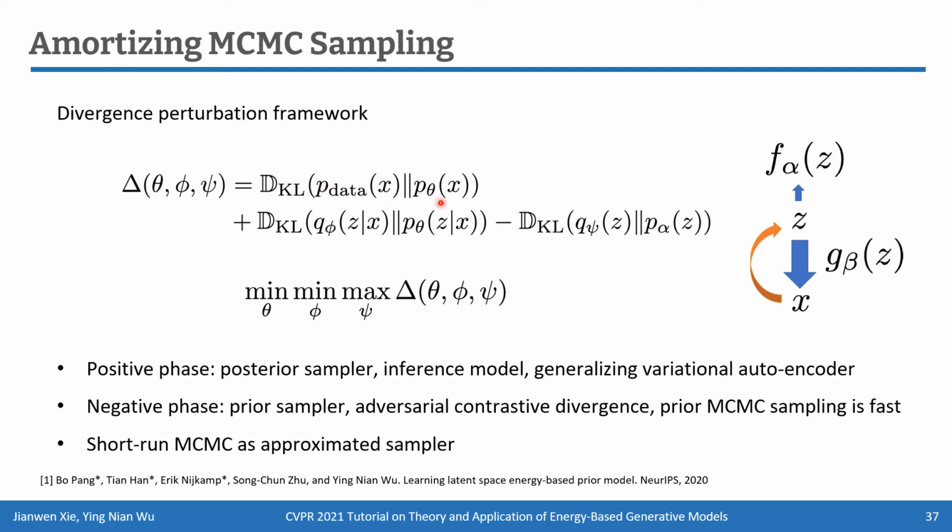Again, the first divergence underlies the maximum likelihood learning, and then you perturb it positively by the second KL divergence, which is between an approximate encoder or inference model, like in VAE, and this true posterior distribution. If you add this term, you actually get variational autoencoder.